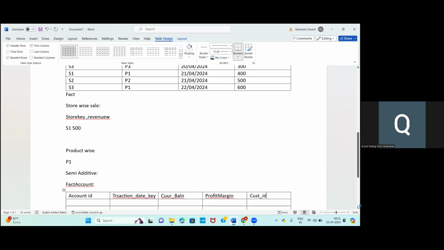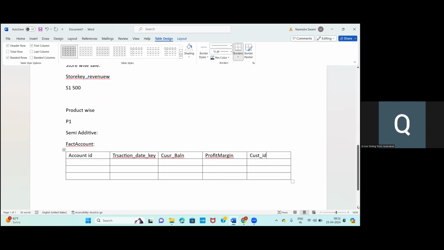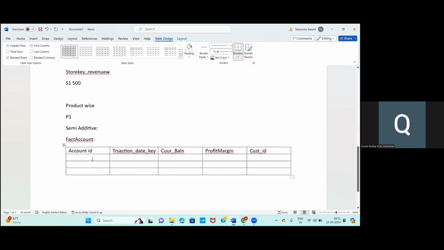Okay, this is what we have in the table. Of course we have an account ID like 101, and the transaction date like 20 04 2024, and the current balance is like 4,000, and the profit margin is a percentage, like 40%. Customer ID will be like 201.